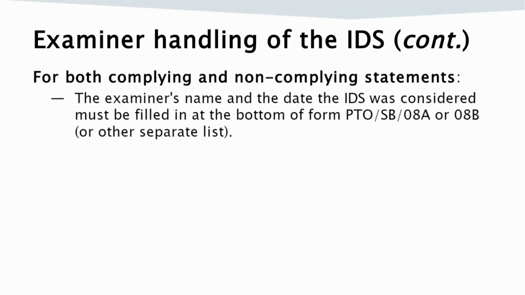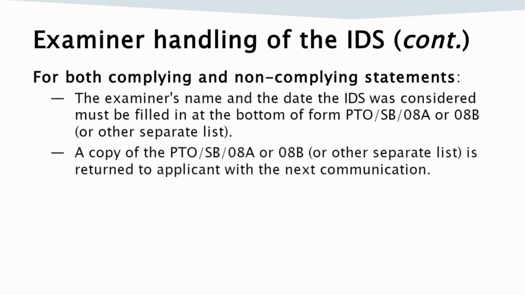PTO/SB/08A and 08B form. If any of the citations are considered, a copy of the submitted list, form PTO/SB/08A and 08B as reviewed by the examiner, will be returned to the applicant with the next communication.